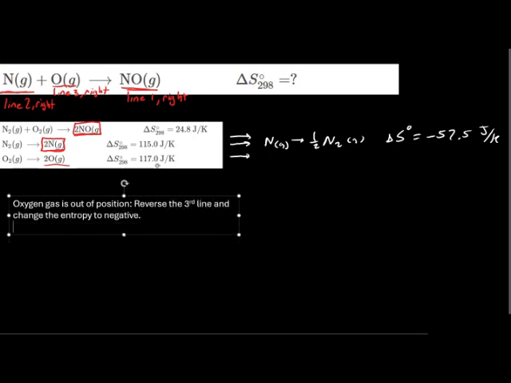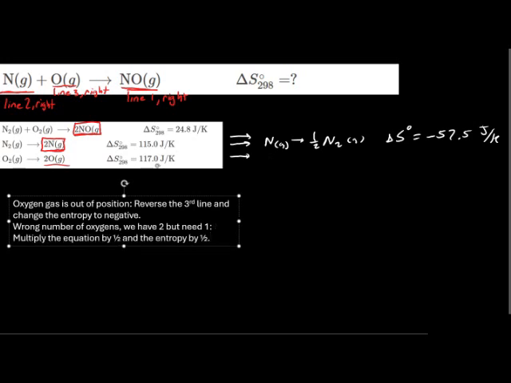But also notice that we have the wrong number of oxygens, because in the system we have a 2, but in the target we need a 1. In order to change the 2 to a 1, once again, we will multiply the equation by 1/2 and multiply the entropy by 1/2. Let's do those operations.